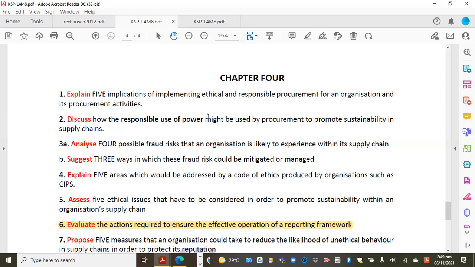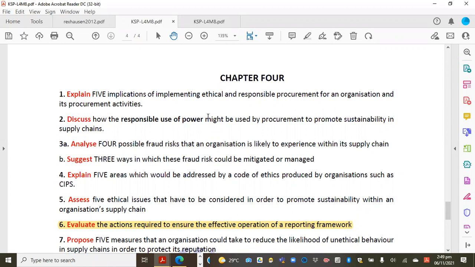Do they subscribe to ILO's core principles? These are some of the questions that we may ask. When we do that, we are incorporating ethical and responsible procurement into our supplier selection. And as part of the implementation, you must do it.